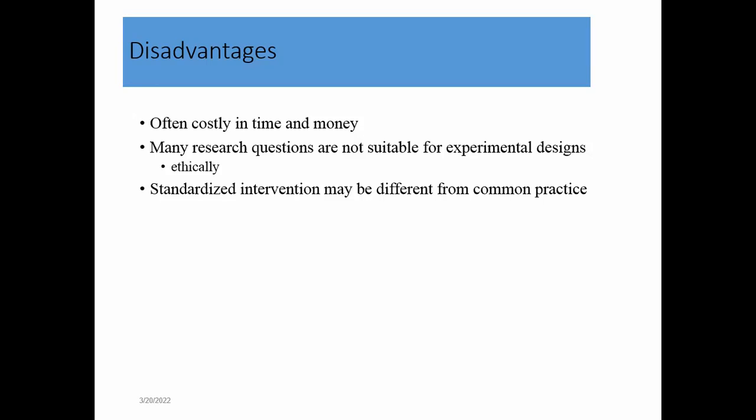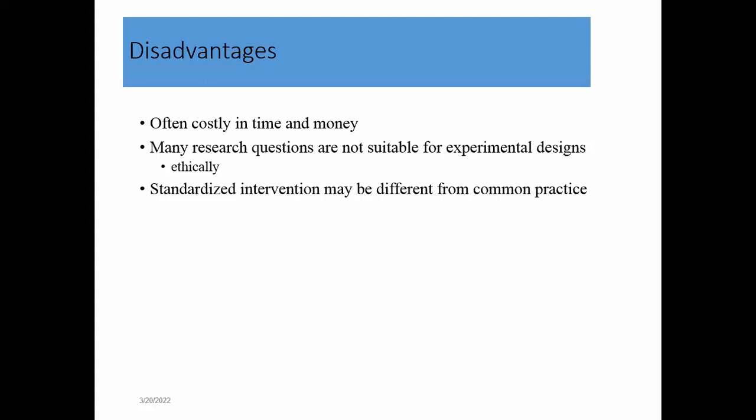Then many research questions are not suitable for experimental designs ethically, since we have to get consents from most of these people who act as our samples. So it is not really easy. For example, during the trials of COVID vaccines, it was not easy.